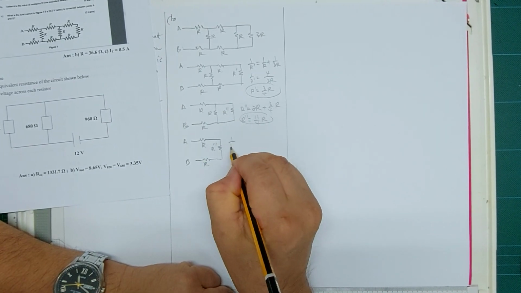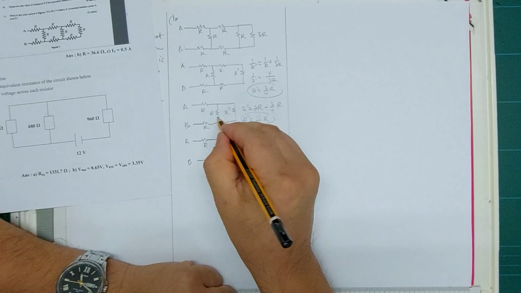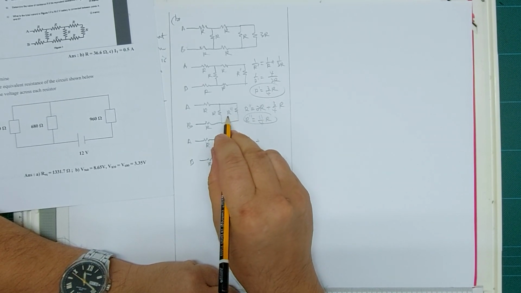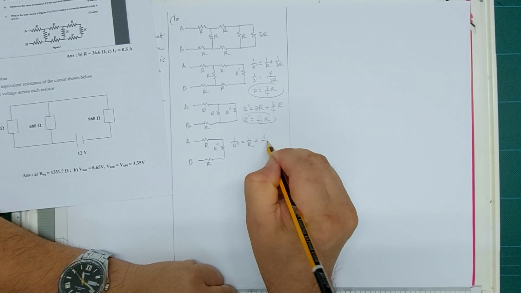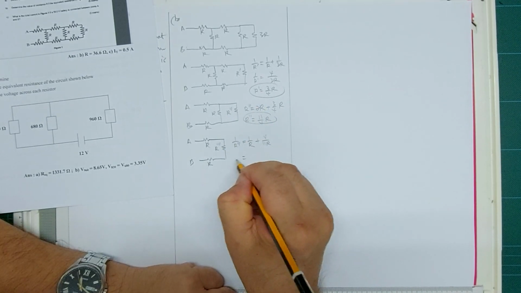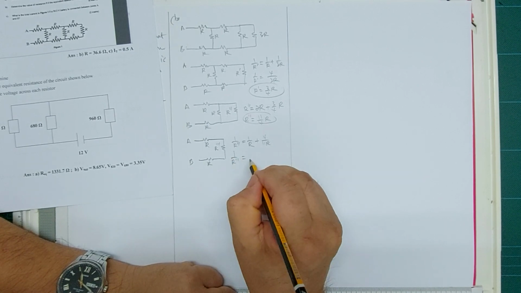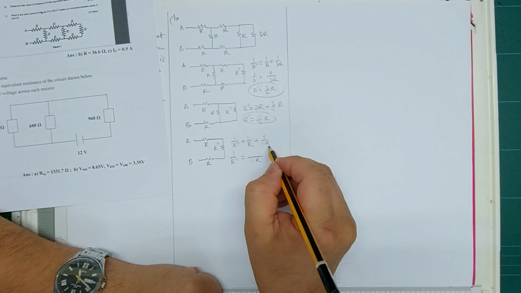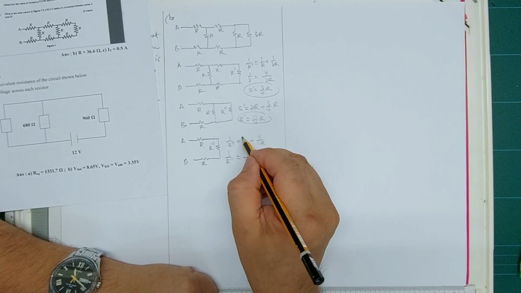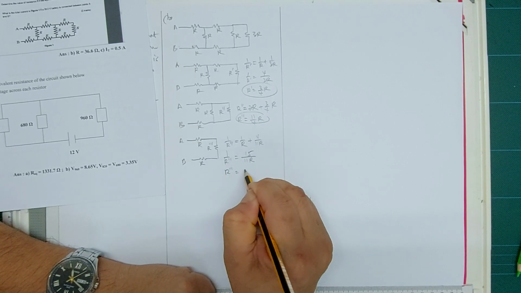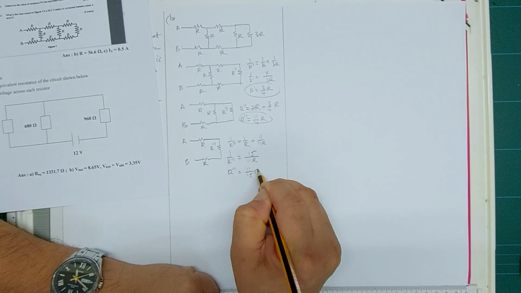Again using this method, 1 over R triple prime is equal to 1 over R plus 1 over this one, so it will become 4 over 11R here. Upside down. So now R triple prime is equal to 11R over, multiply, you get 11 plus 4, which is 15. So your R triple prime is equal to 11 over 15R.